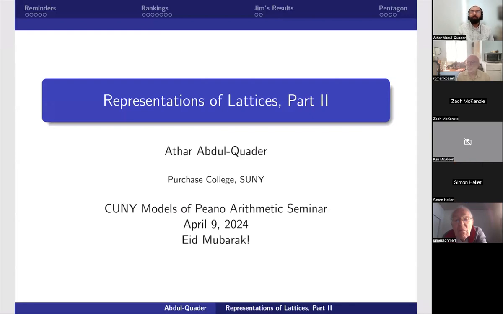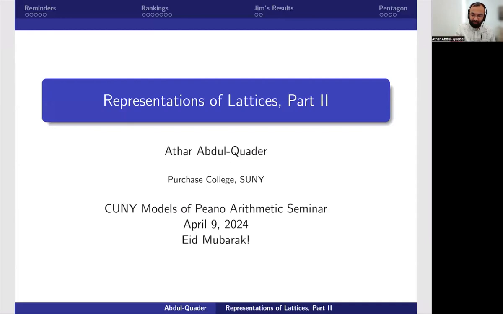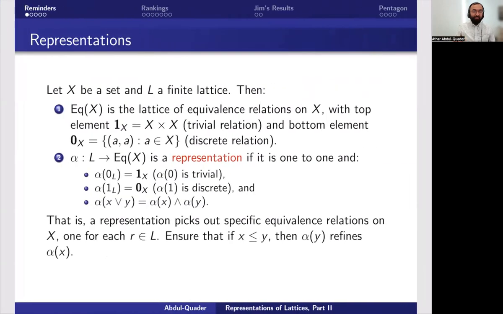Thank you, Raman. I'm going to start with some reminders of some definitions and results that we talked about last time. Mostly last time, my goal was to try and motivate these definitions in the context of a particular example, where we're trying to construct an elementary extension with a given interstructure lattice.